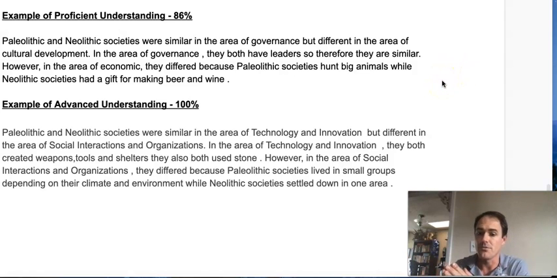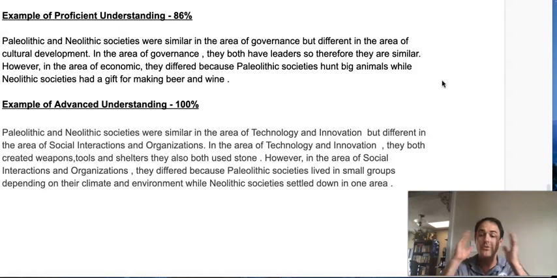They also both used stone. Again, accurate and detailed. However, in the area of social interactions and organizations, they differed, again, using my words that I gave you. Because Paleolithic societies lived in small groups, depending on their climate and environment. Beautiful, accurate statement. While Neolithic societies settled down in one area.